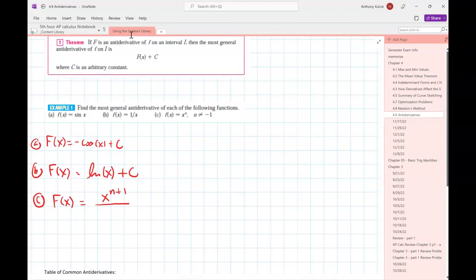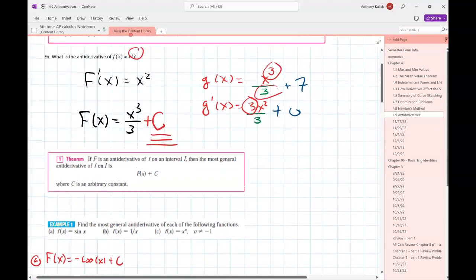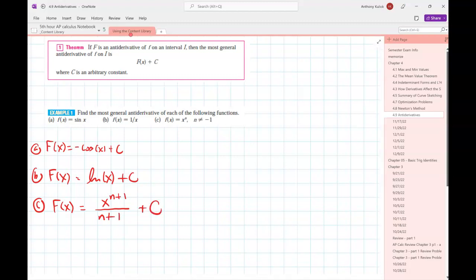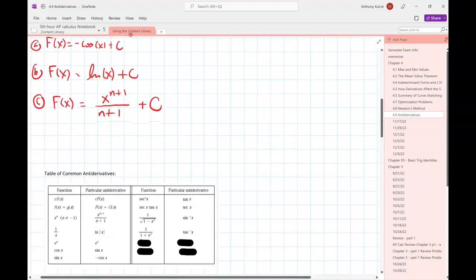And then we had to divide by that same n plus 1. And then, again, plus c. Does that feel okay, everybody? So again, the antiderivative rules are just your derivative rules running in reverse, basically, right? Is everybody okay with that? So it's not like new stuff being thrown at you.